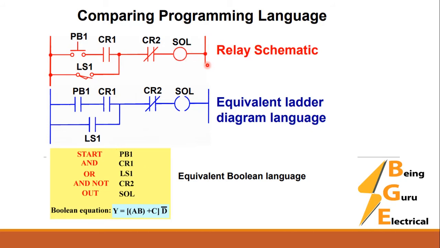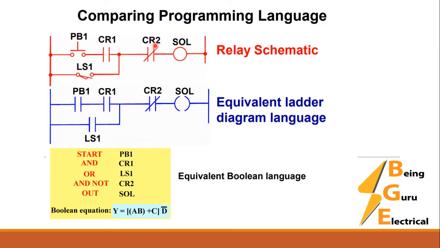The equivalent of this in ladder logic will be like this. The main reason the ladder logic is very easy and convenient for the programmer is that it resembles the relay schematic. If you see, these are similar. In ladder logic, this push button will be replaced by an NO contact. This CR1 NO contact will be replaced by a CR1 NO contact.